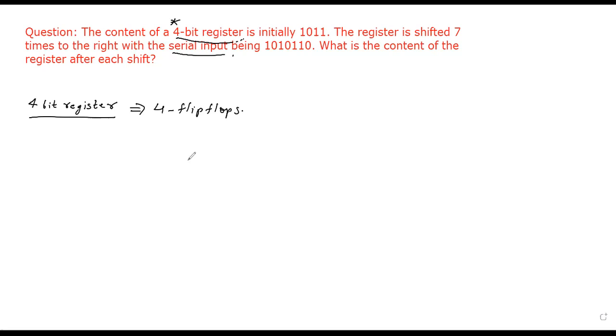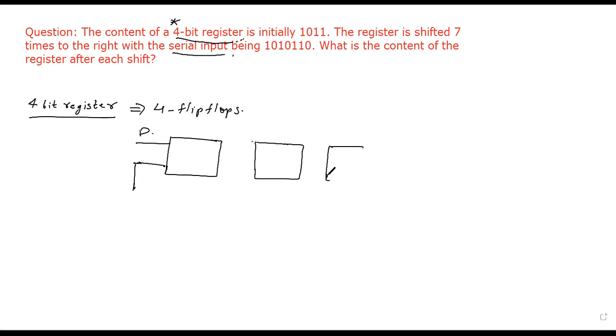We have an input signal, for example this is D, and this obviously is my clock signal. I'll make these 4 flip-flops. The output of the first acts as input for the second, the output of the second is input for the third, and the output of the third is input for the fourth. This is my final output.